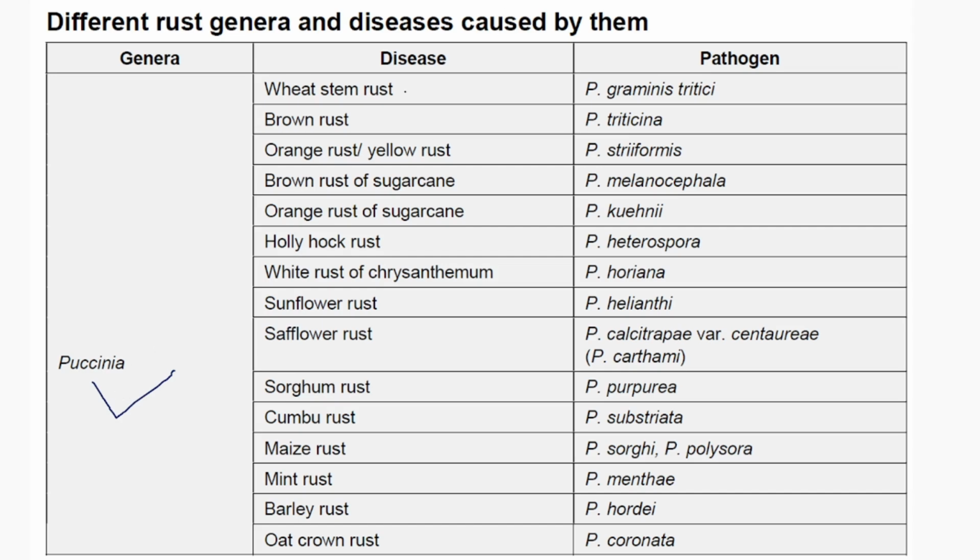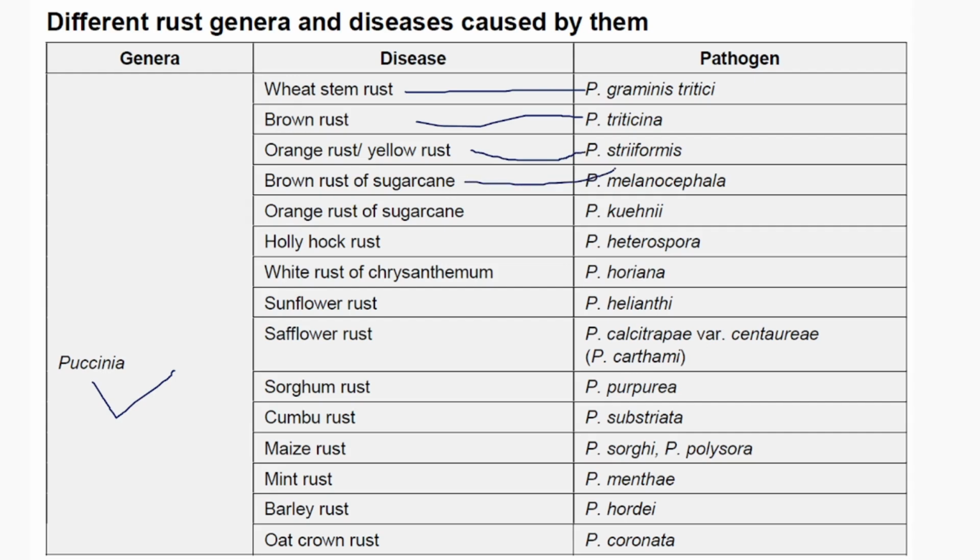So we'll go one by one. Wheat stem rust, Puccinia graminis tritici, brown rust, Puccinia triticina. In exams, they may ask for one causal organism, or what disease it causes, or else mention one disease and ask which genus is responsible for causing it. Orange rust or yellow rust is caused by Puccinia striiformis.